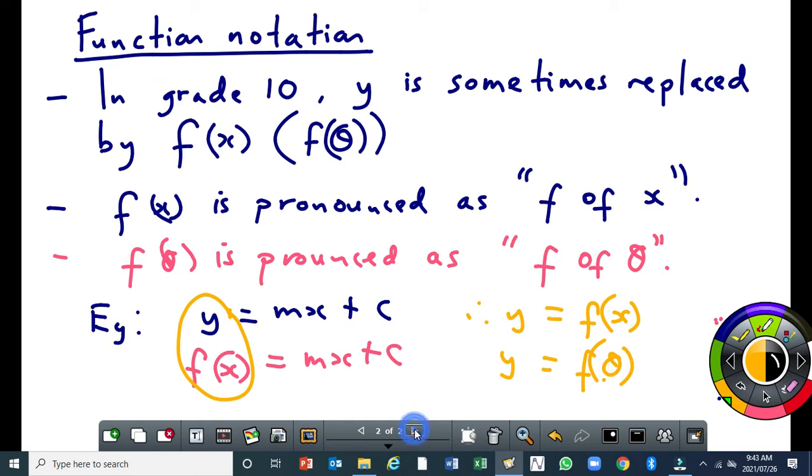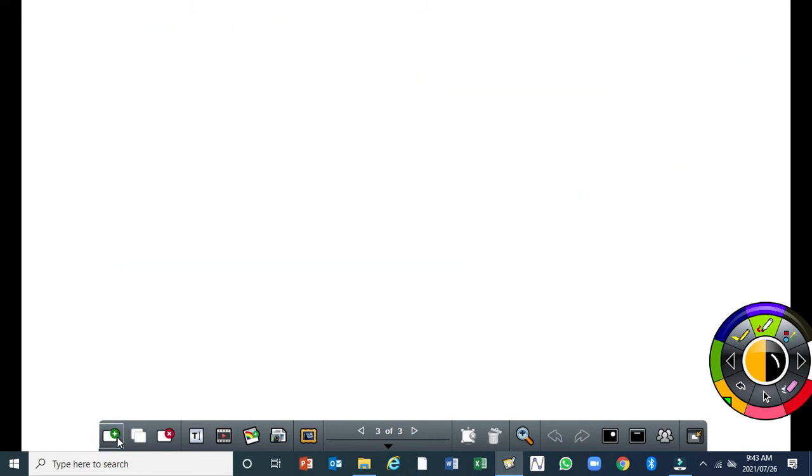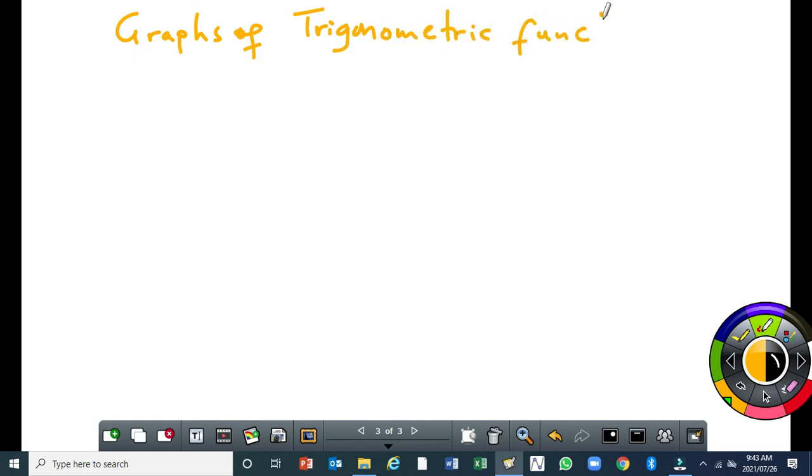Right, so let me introduce the first graph. First thing, we'll start with the basic graph.